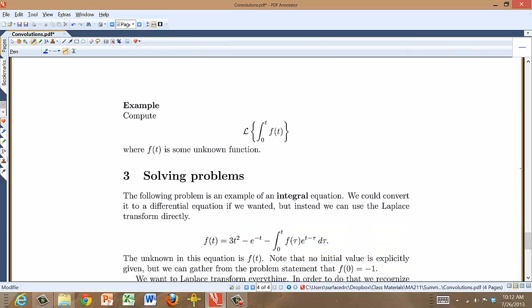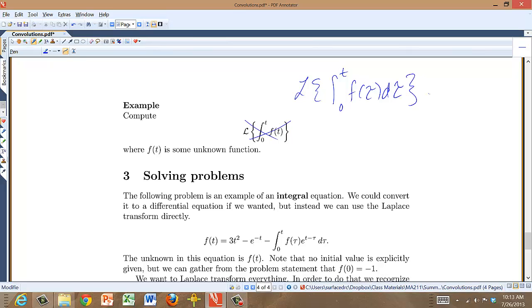I want to compute this Laplace transform. So I'm just going to say the Laplace transform of this integral of f of, well, I mistyped that a little bit. Let me say the Laplace transform of the integral from 0 to t of f of tau d tau.